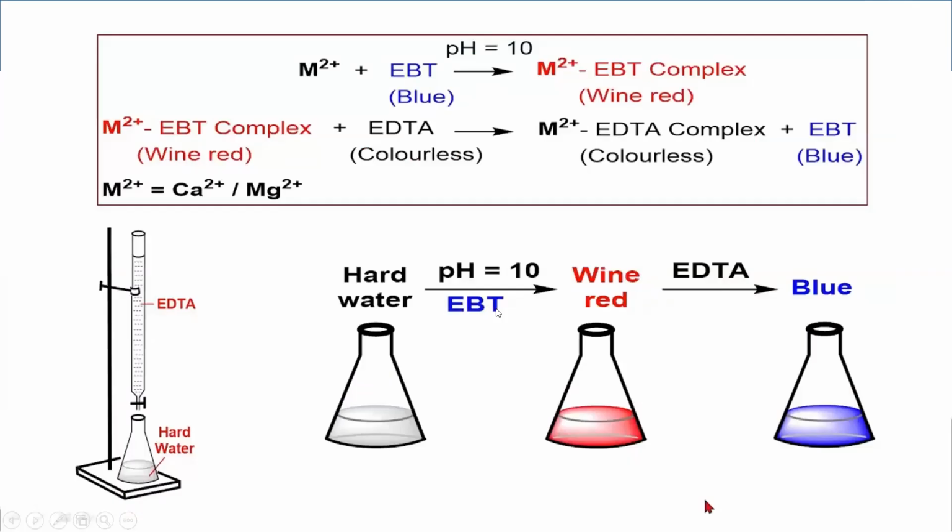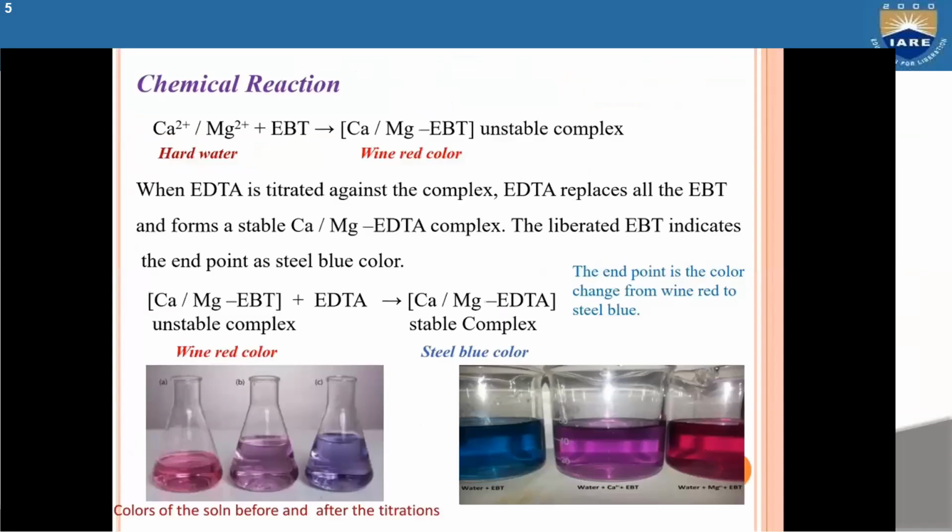So hard water contains mostly carbonates, bicarbonates, chlorides, sulfates, and some metals. Those are calcium and magnesium. These are the main components of hard water. So the chemical reaction you can observe: calcium and magnesium react with EBT, Eriochrome Black T. In the reaction, we get the product calcium magnesium EBT.